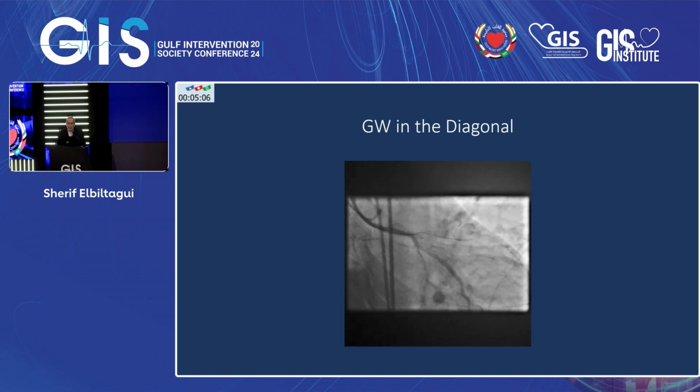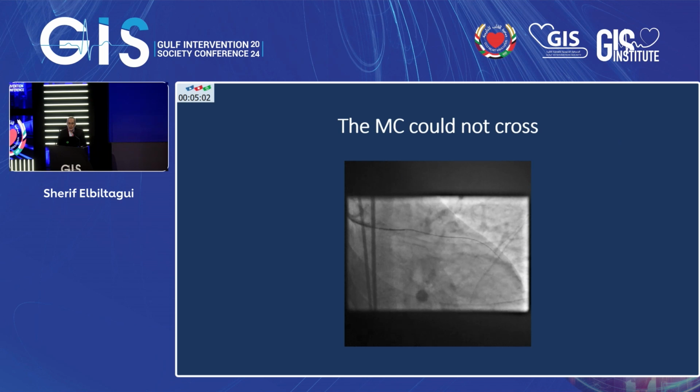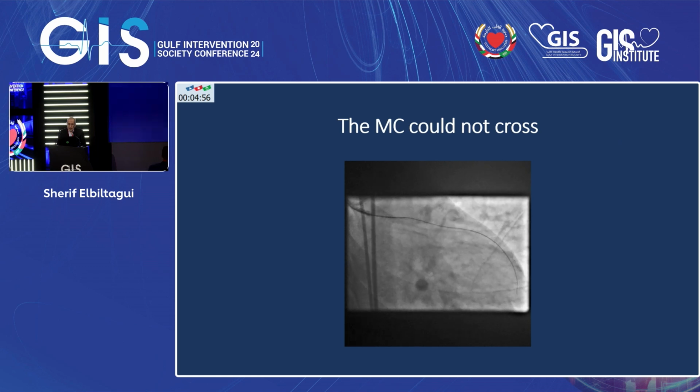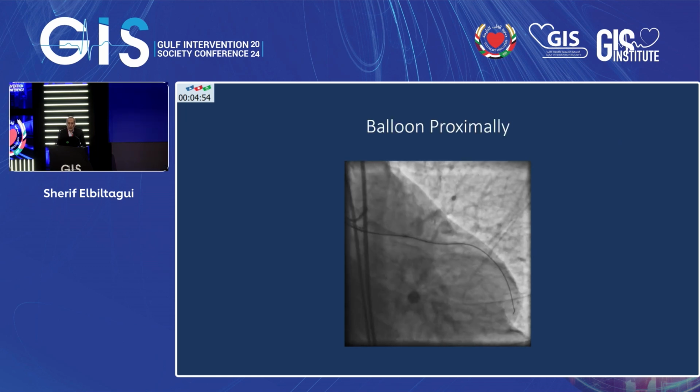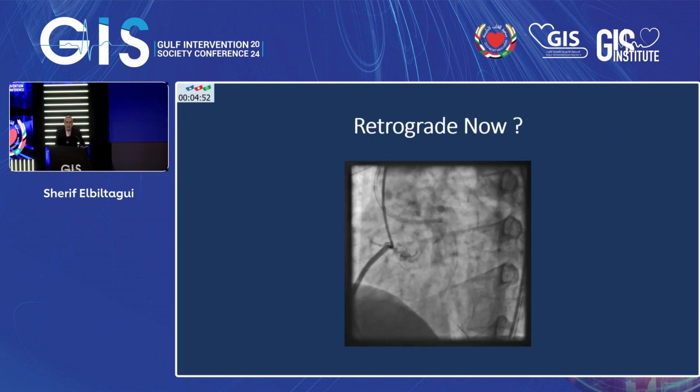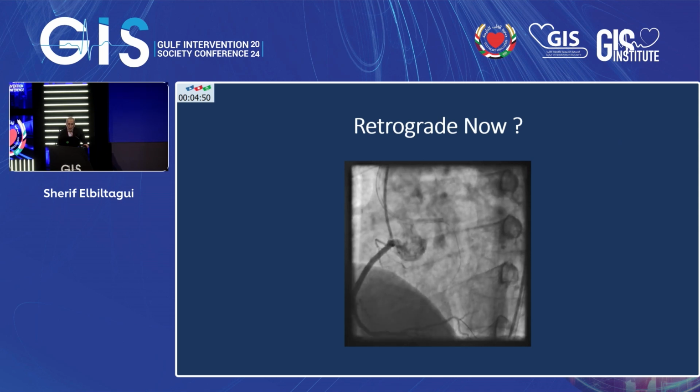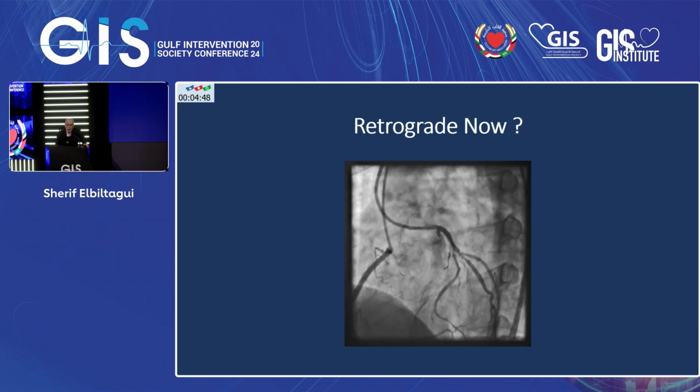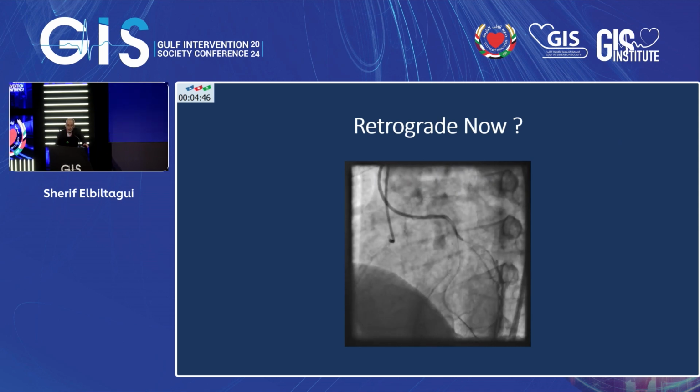But actually, it advanced to the diagonal, not to the LAD. The microcatheter could not be advanced across the angle, so I just ballooned proximally, achieving a good antegrade flow, but to a large diagonal, showing another mid-CTO.